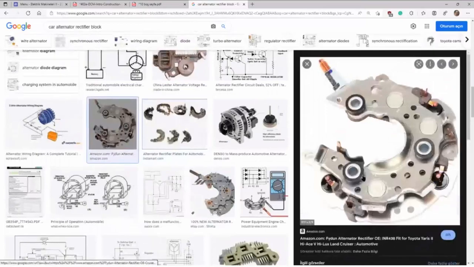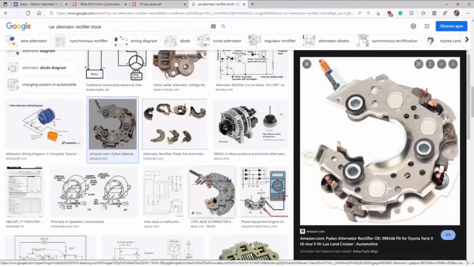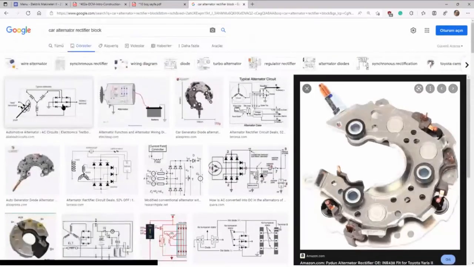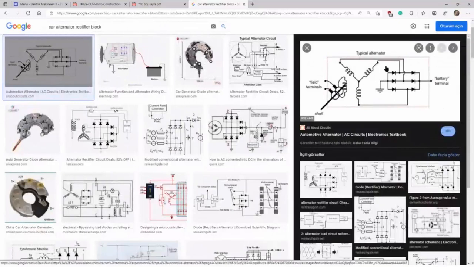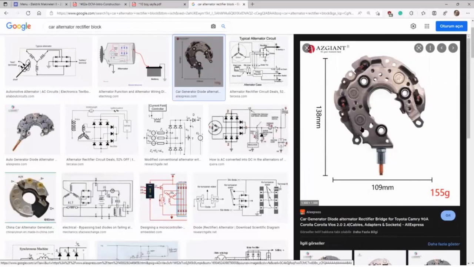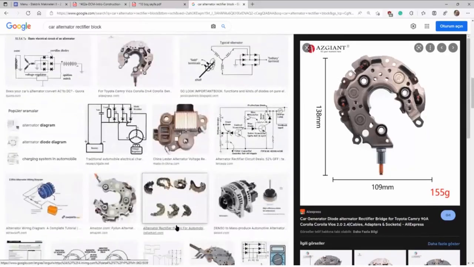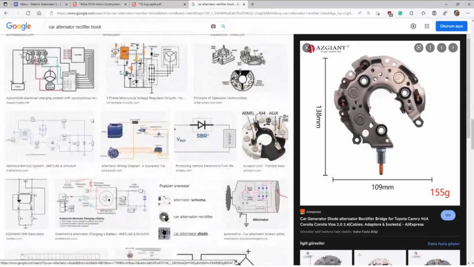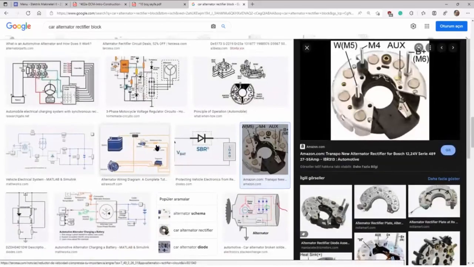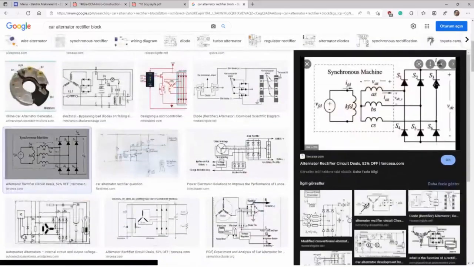Here you see diodes. 1, 2. Here are some diode bridges. 3-phase rectifier. And here you see 1, 2, 3 diodes, disc diodes, rectifier diodes. 1, 2, 3, 4, 5, 6. Six diodes for three-phase rectification.